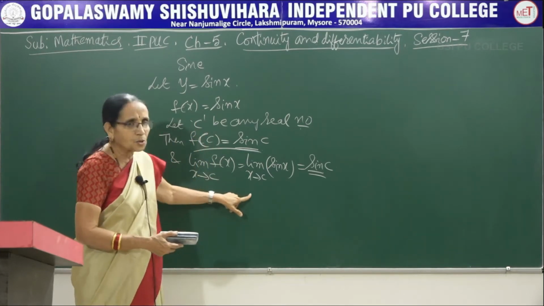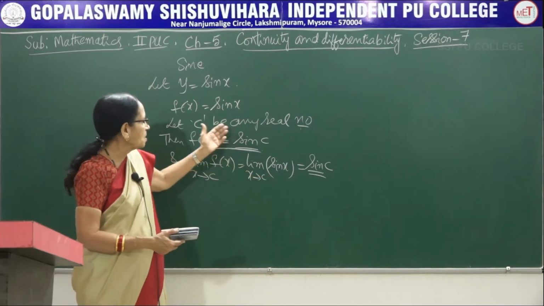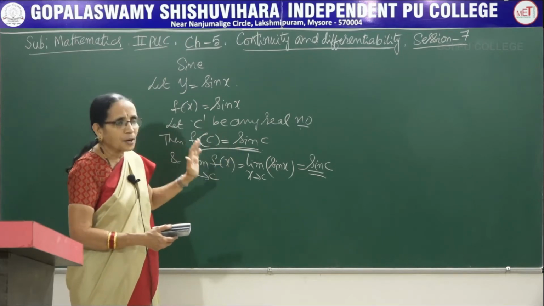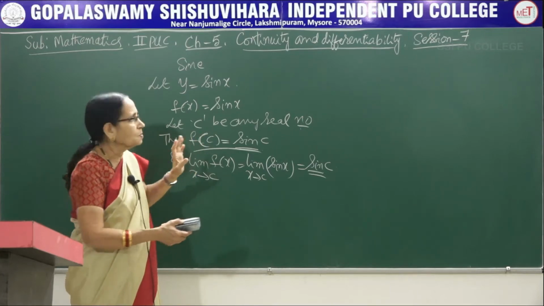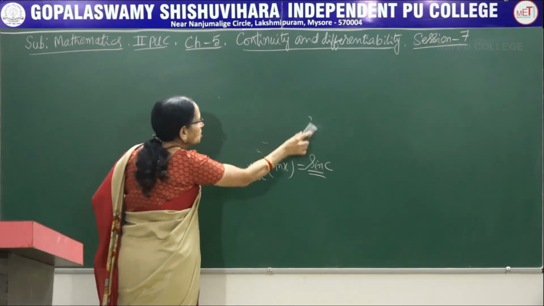So you have to write the conclusion here. Since the value of the function and the limit of the function at a general point c are equal to each other, therefore the function is continuous for all the real values of x. That means that the function sine x is a continuous function.